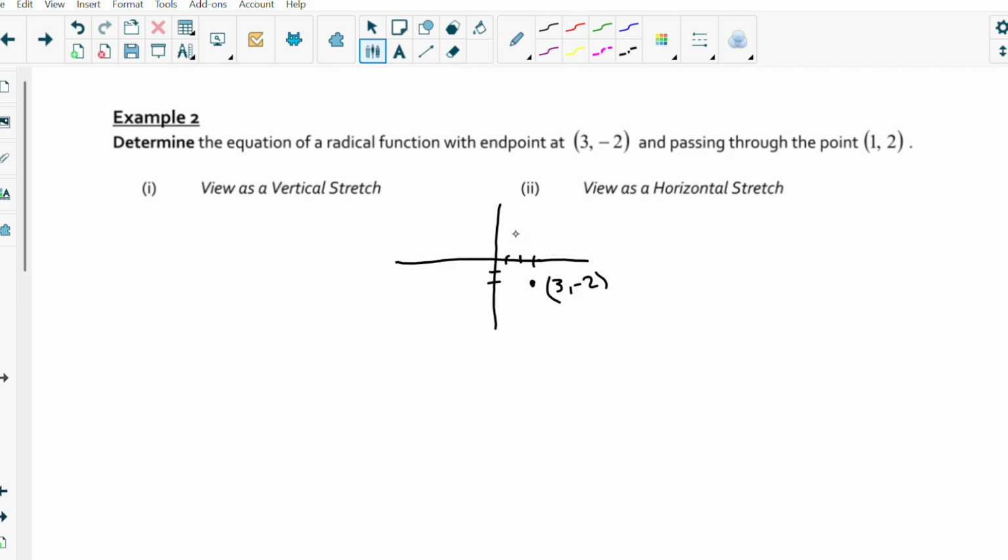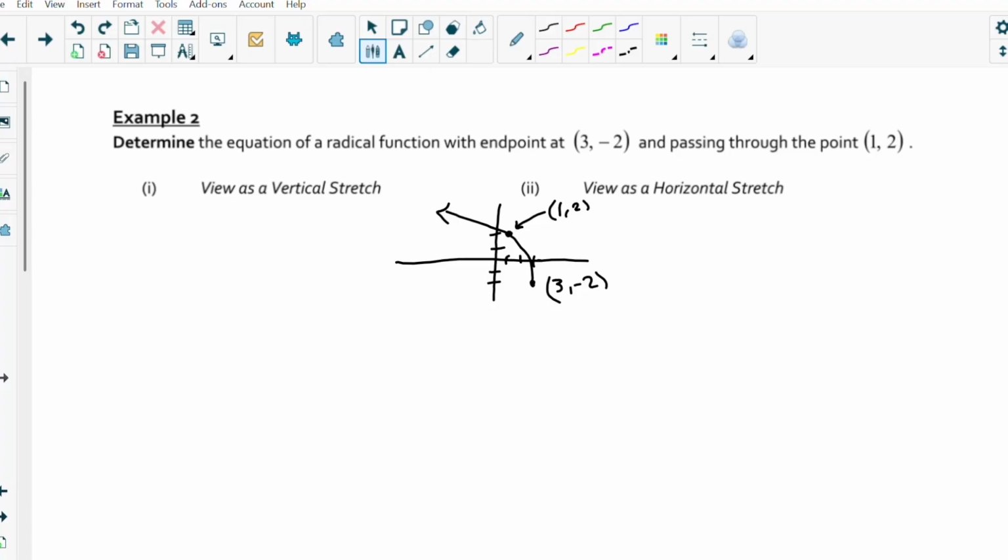And (1, 2). Okay, and then if I connect the dots here, I get something like that, right? And we know it continues on that way. Okay, there's the endpoint (3, -2).